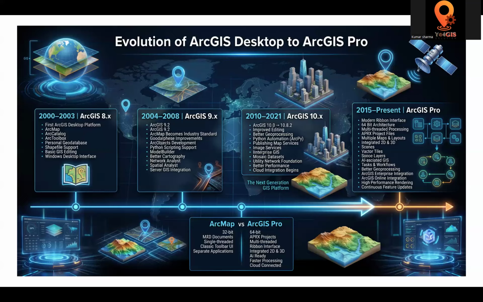We cannot say it is a version of ArcGIS, because ArcGIS Pro is not a version of ArcGIS desktop. ArcGIS Pro is altogether new, different software. Their version is different, their technology is different. ArcGIS Pro's internal architecture is different. Everything we are going to discuss today.